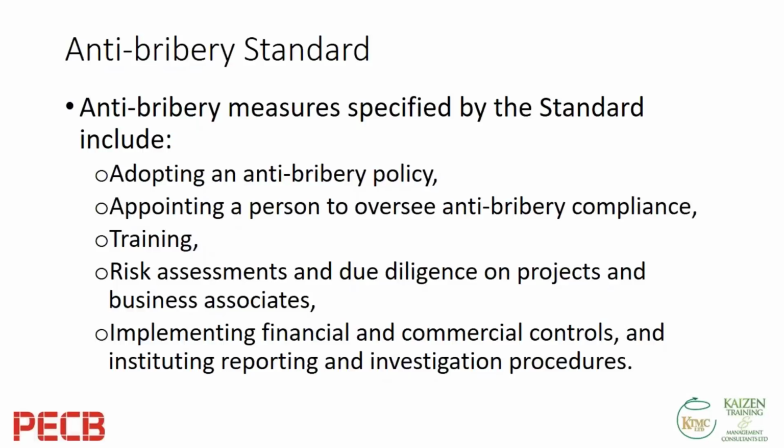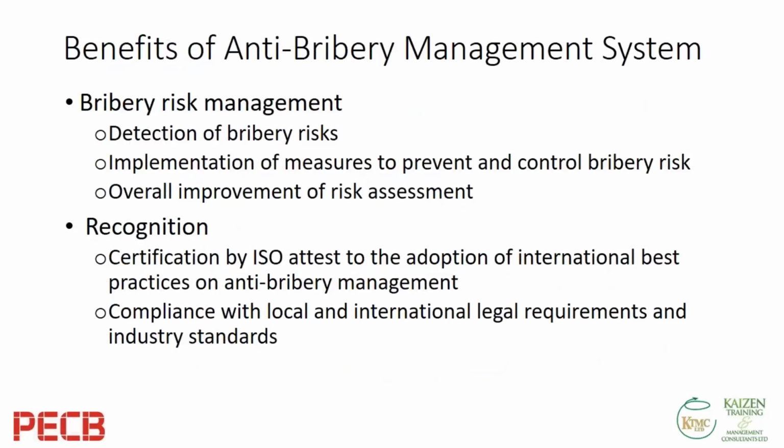So it is inclusive, not only looking at the organization, but the associates, suppliers, customers, internal and external stakeholders. It requires implementing financial and commercial controls and instituting reporting and investigating procedures, all with the aim to prevent, detect, and manage the occurrence of bribery.